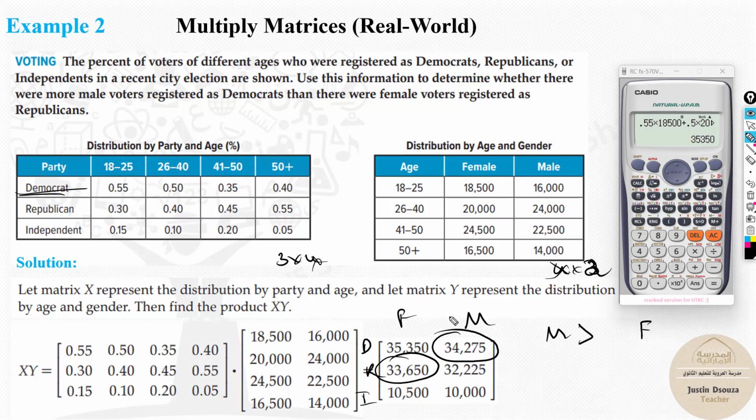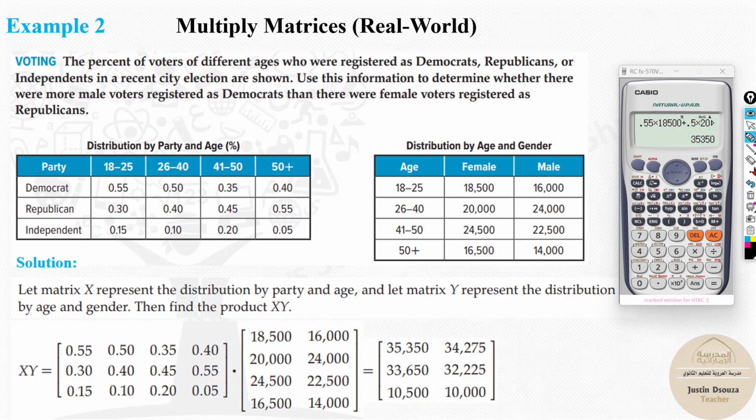They did not ask male voters in Democrats and Democrats. So male voters in Democrats means this one was greater than the female voters in Republicans. That was 33,000. This is the answer. So that's how we solve it.